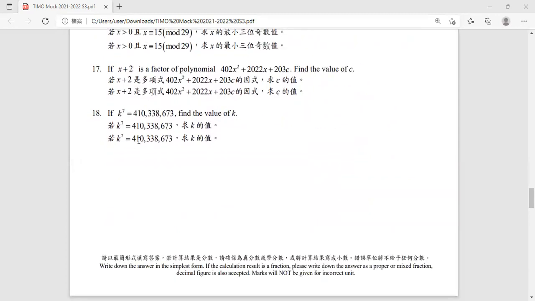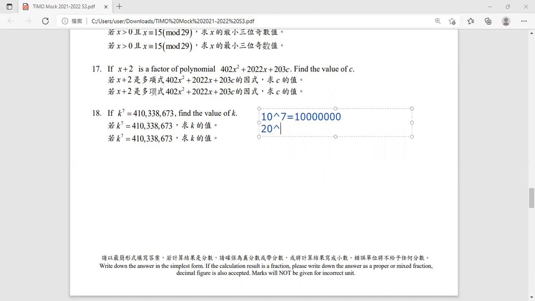Okay, 18. Now I could guess. How to get this one? Now you have two ways to guess. First, because it's a power of 7, we have 7 zeros here. Now 10 to the power 7 has how many digits? There are 8 digits. So k must be bigger than 10.